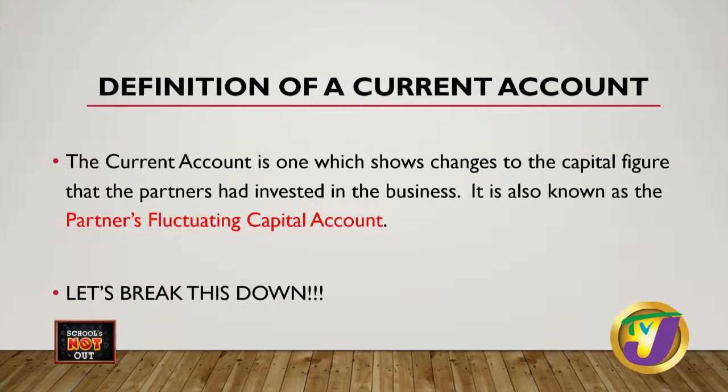The partner too may take out of what he or she had invested in the business. Now that would decrease the capital figure for that partner. Hence, a fluctuating pattern, increasing and decreasing. What keeps track of this fluctuating pattern for the partner? It is his or her current account.